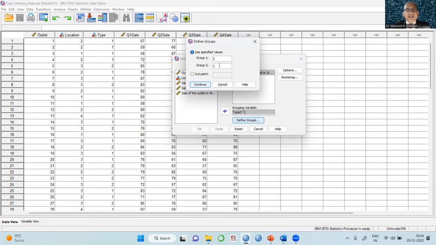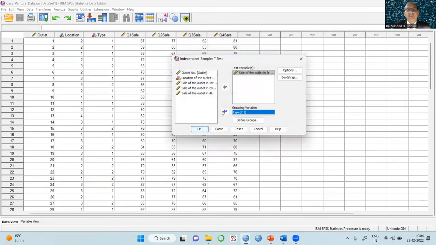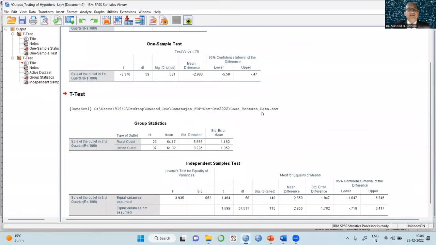Since the t-test is symmetrical, it doesn't matter whether we are testing mu1 equals mu2 or mu2 equals mu1. So it doesn't matter whether we enter group 1 as the rural or group 1 as urban. In both situations, things remain the same. So this is the thing. And now we press OK.